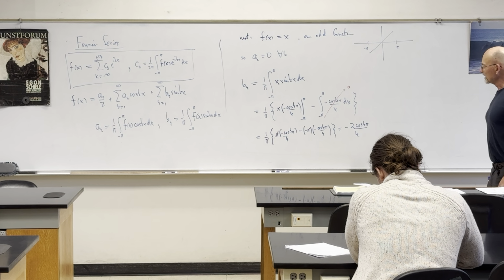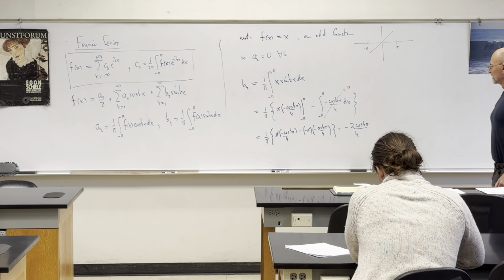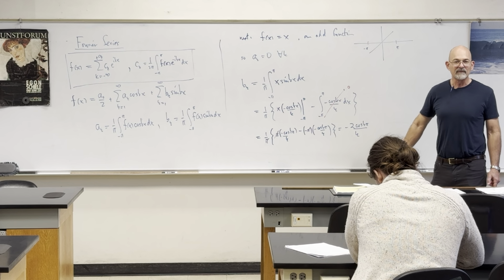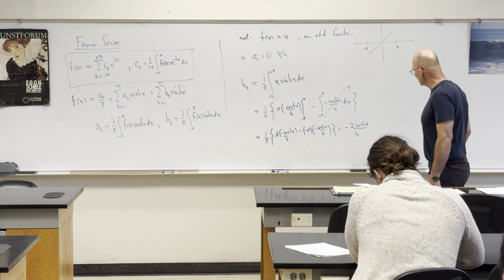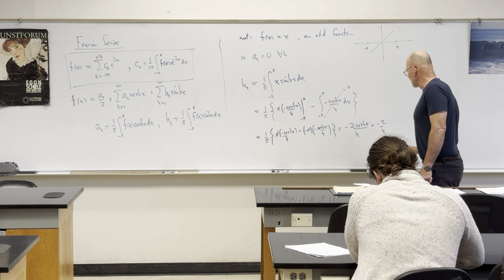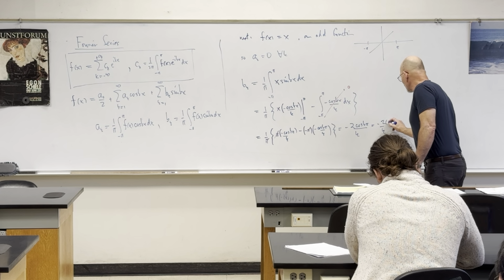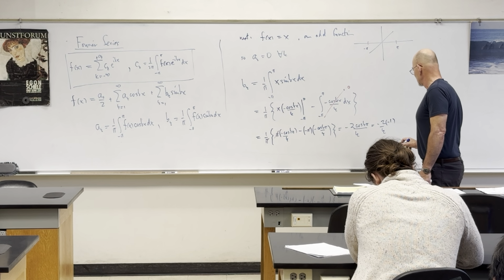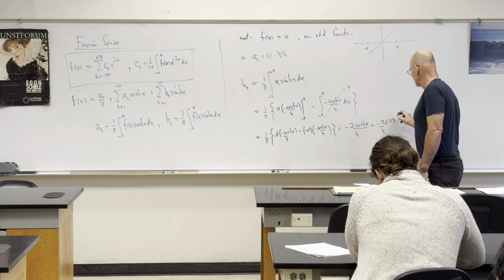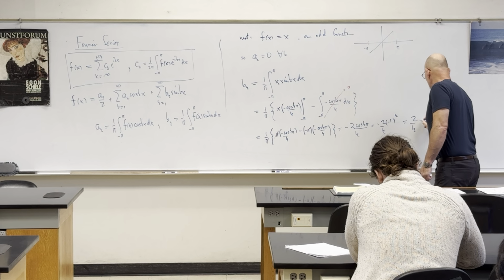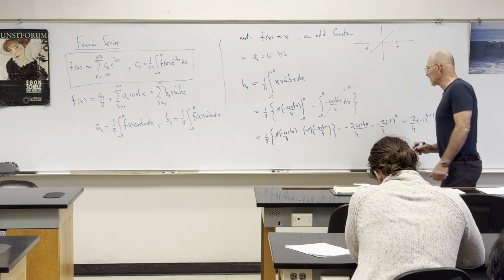And what about this cosine of k times pi? Starting with k equals 1, cosine of pi is negative 1, cosine of 2 pi is positive 1, and so forth. So this itself we can take as minus 2 over k times negative 1 to the k plus 1.